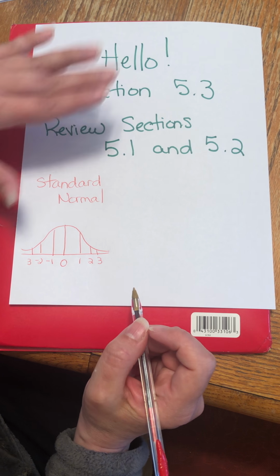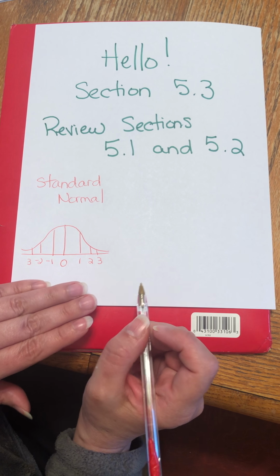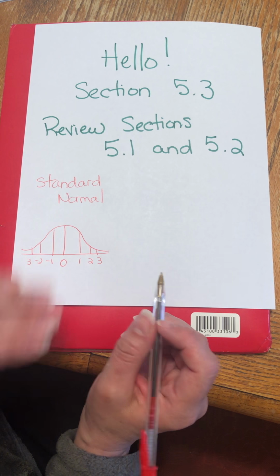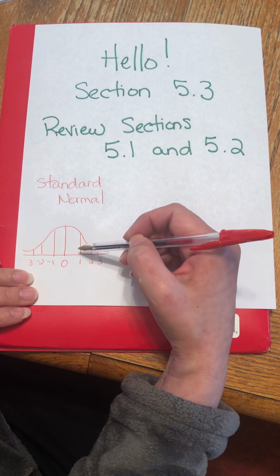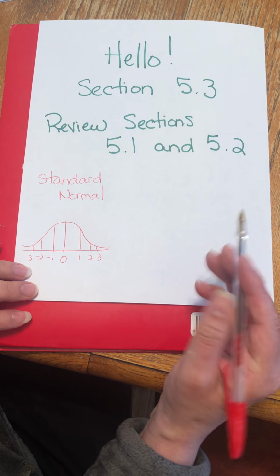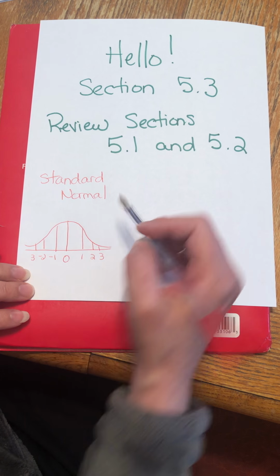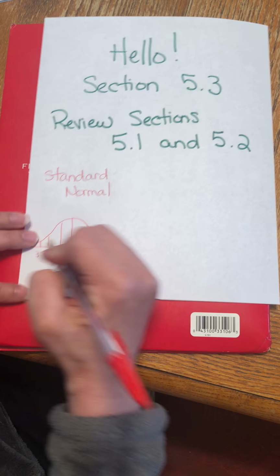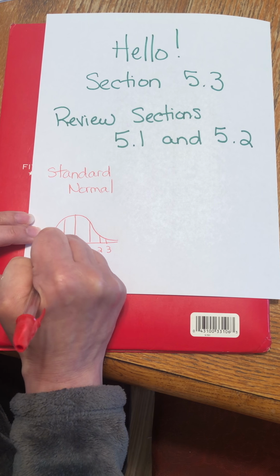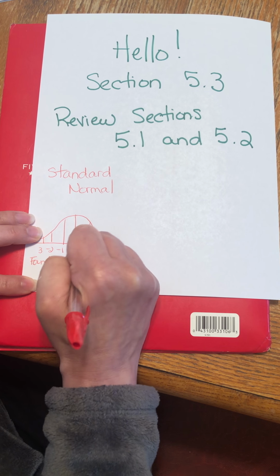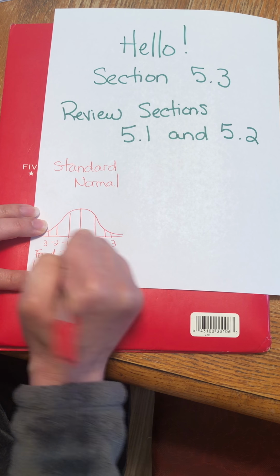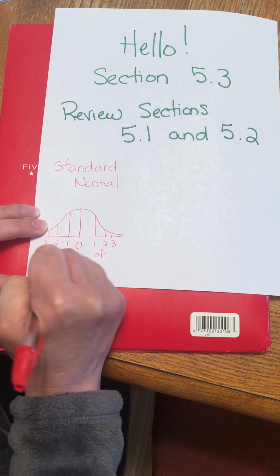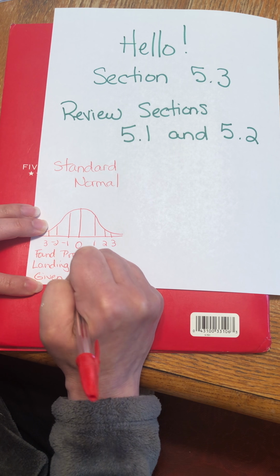And in 5.1, what we did is we found the probability of landing in a certain region, a certain shaded area of this curve. We found the probability of landing in a given region.